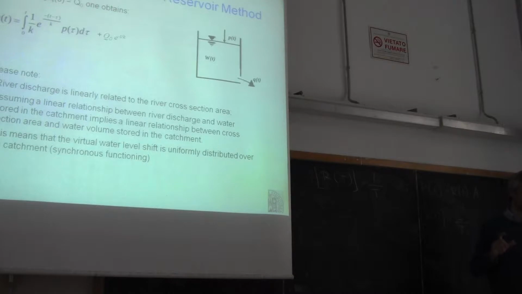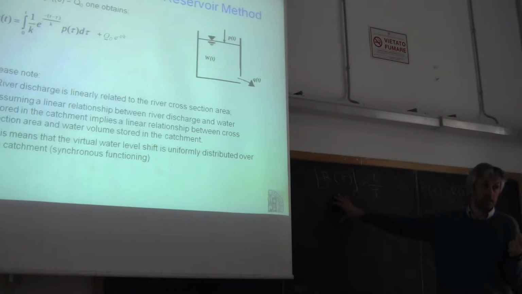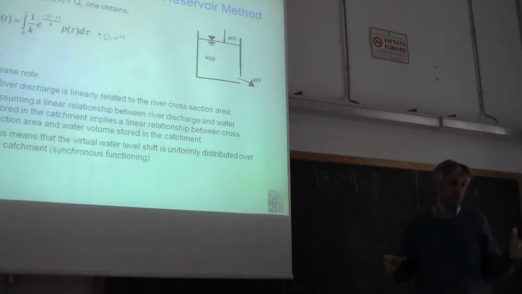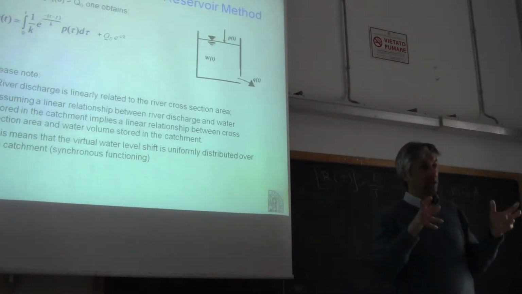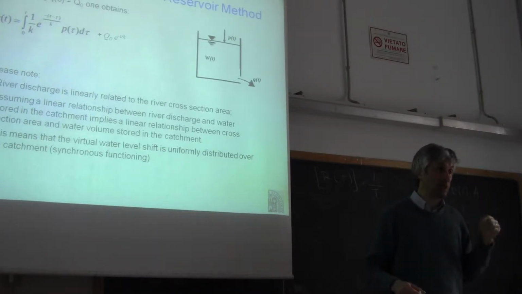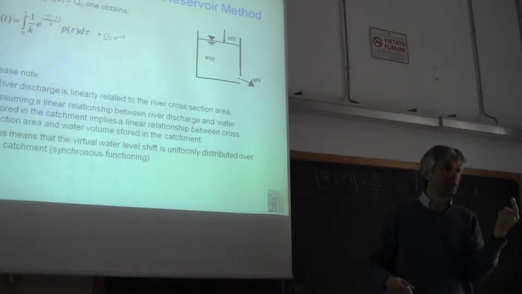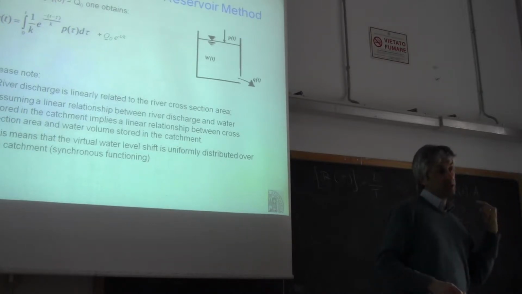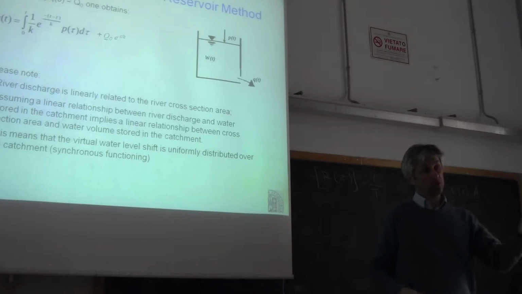But of course, then your question could be, how can I obtain a reliable estimate of the average rainfall over the catchment? Because usually we have point measurements. We have rain gauges, and the rain gauge, you know what it is. It's a tank, basically, that is placed outside, and it measures the rainfall depth per unit time in a given point. So the question is how to estimate then the average rainfall over the catchment.